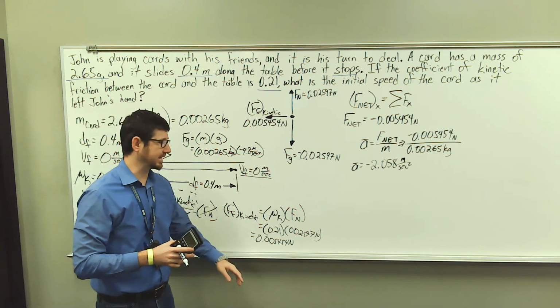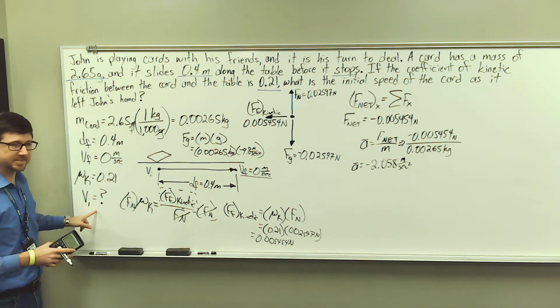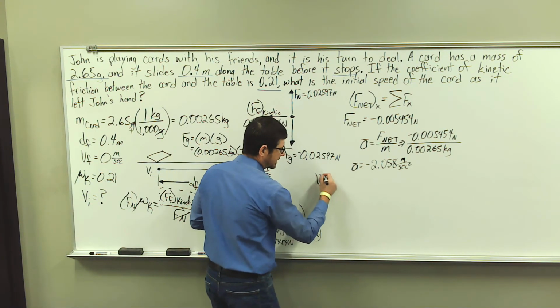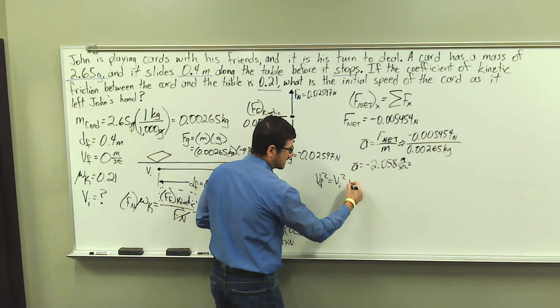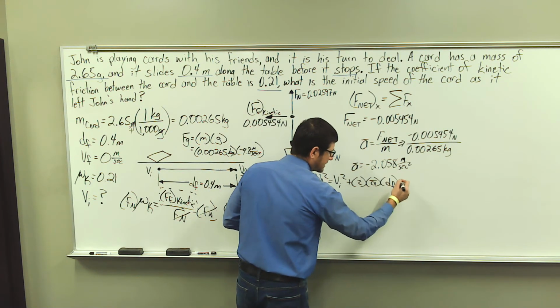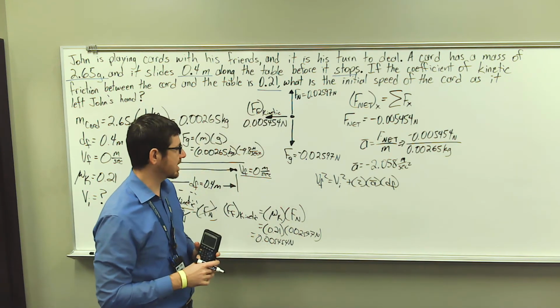So to calculate our initial velocity here, we're going to use the equation final velocity squared is equal to initial velocity squared plus 2 times our acceleration times the displacement of the object.